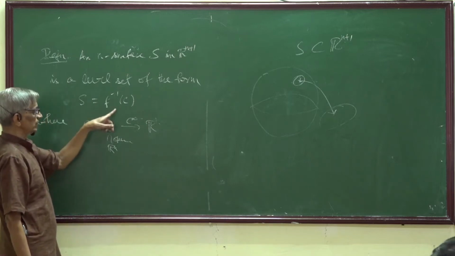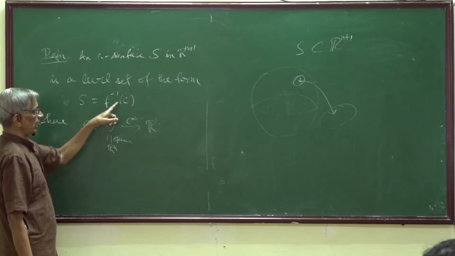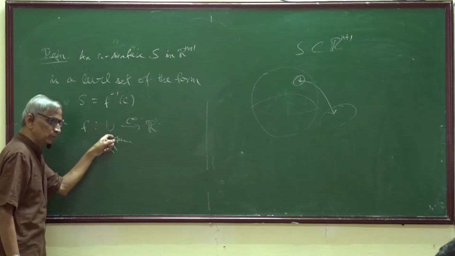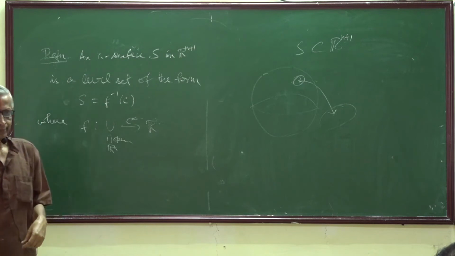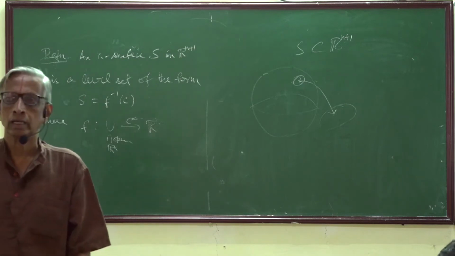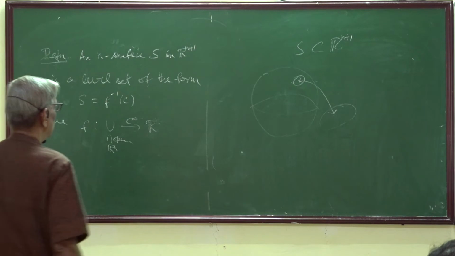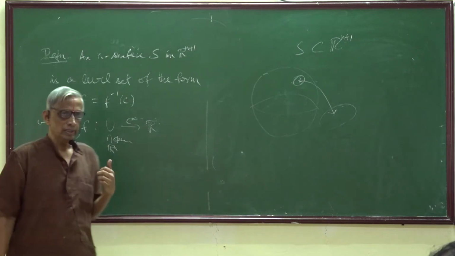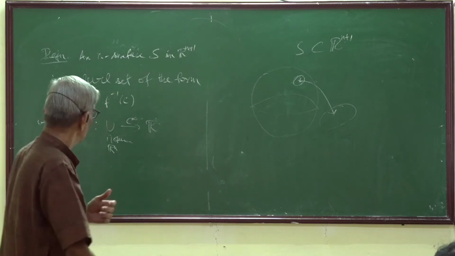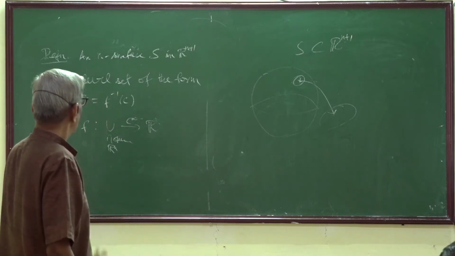So this S is the set of all points in U which are mapped to the constant C.